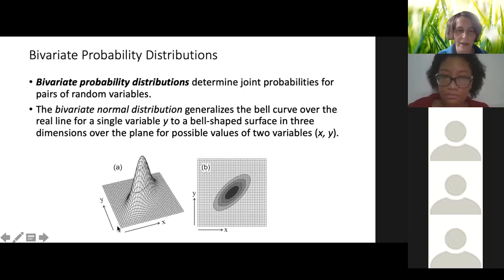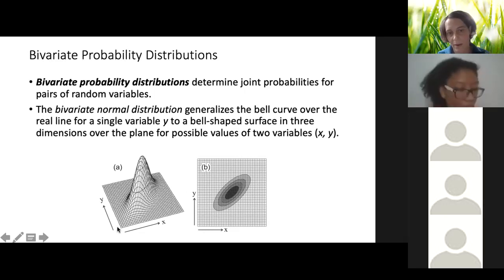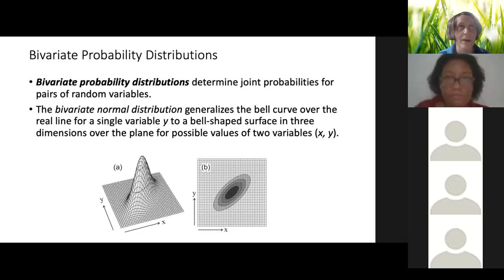You could think about it again as the relationship between height and weight.